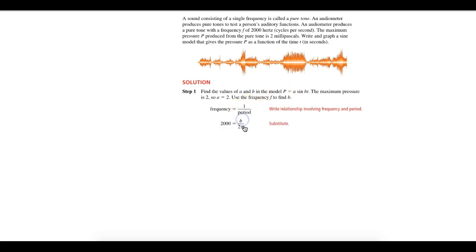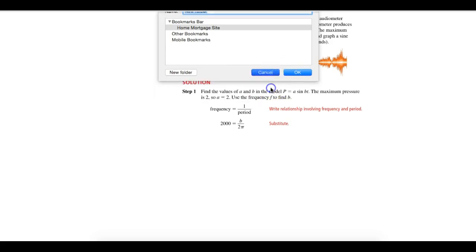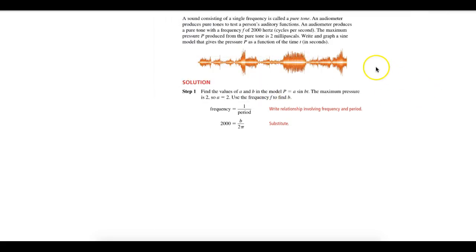Now, if you remember, the period is just equal to 2 pi over B. So if 2 pi over B equals our period, then 1 over our period is just B over 2 pi. 1 over the period is just going to be the inverse, which is B over 2 pi.